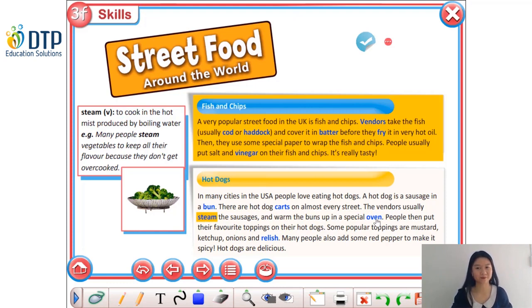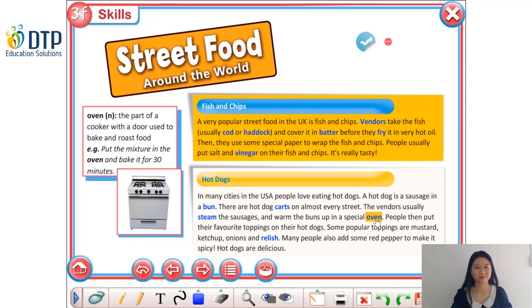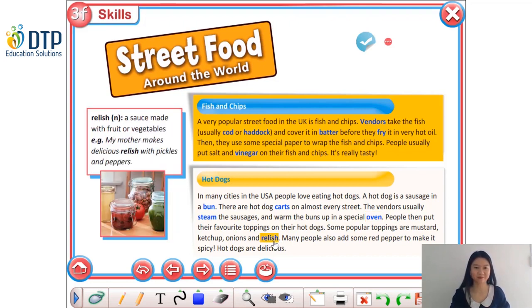How about oven. Okay, let's look at the picture of an oven. What is it? Yes, that's right. Nó có nghĩa là lò nướng. How about this word? Relish.